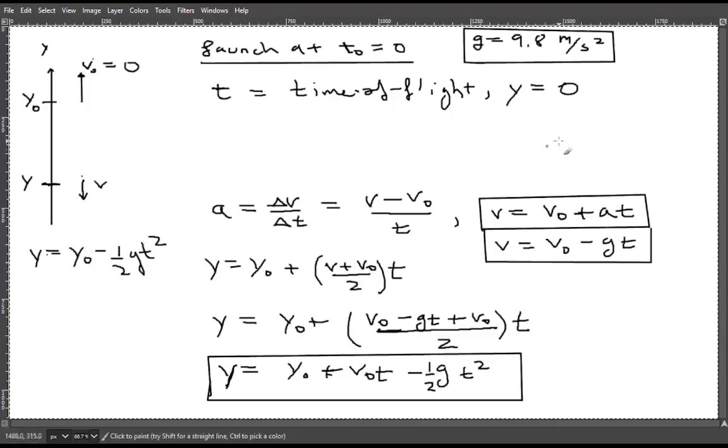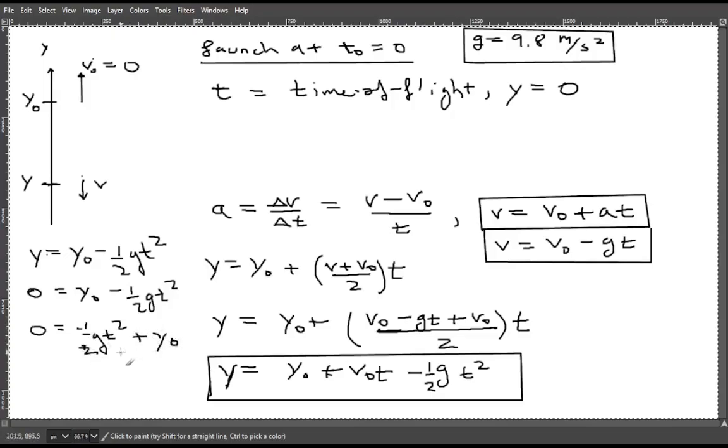So in this equation, we consider that, and then this equation becomes 0 is equal to y0 minus 1/2 gt squared. I'm just going to write this equation this way: 0 is equal to minus 1/2 gt squared plus y0.